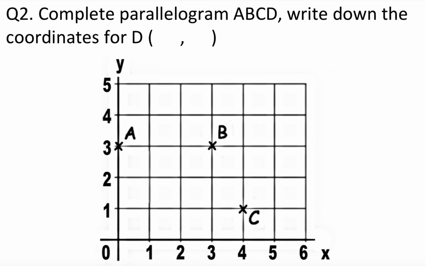Question 2. Ooh, this is a graph with some coordinates on it. So basically, the question is, complete the parallelogram A, B, C, D. Write down the coordinates for D. Well, we've already got A, B, and C on there as part of a parallelogram.